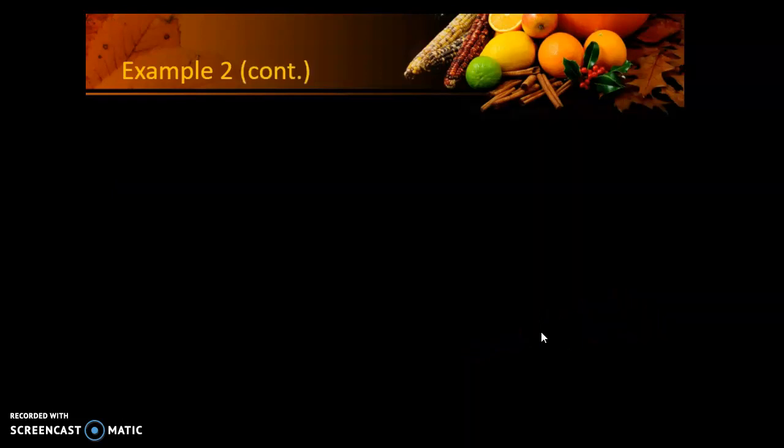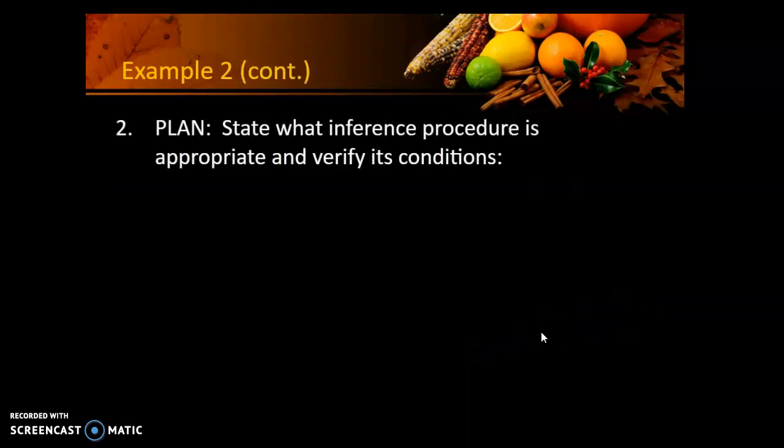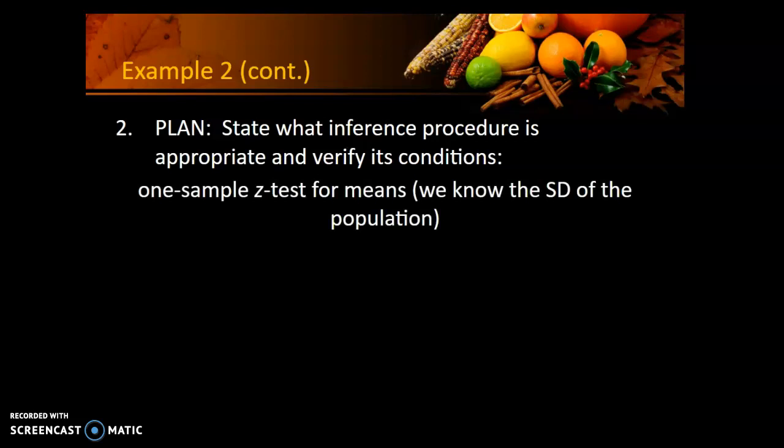When we move to the plan, it's the same as it was for our confidence intervals for a mean. So we want to identify the type of test that it is. It is a z-test for a mean because we can use z because the standard deviation of the population is known. We want to check for random. We were told that a random sample of students was selected.